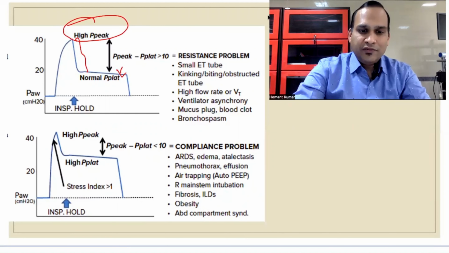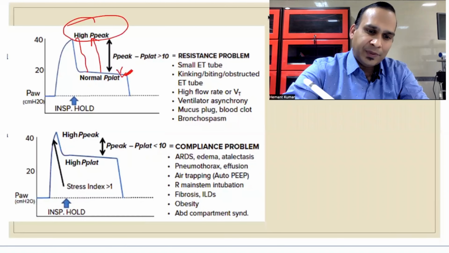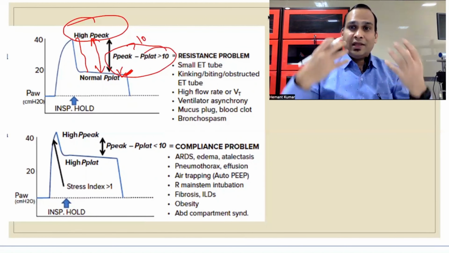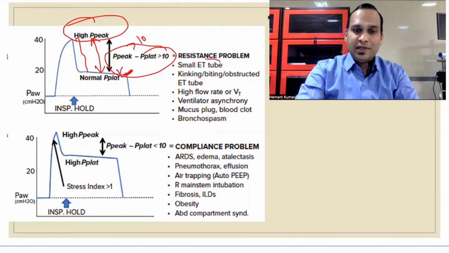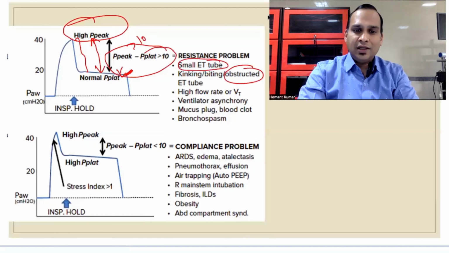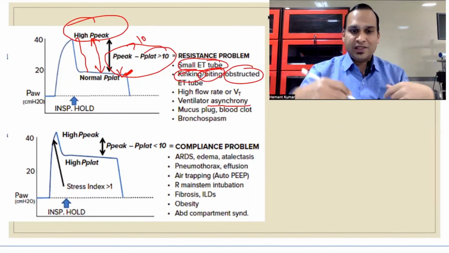We look at the peak and plateau pressure, and if the gap, the airway pressure component, is more than 10, it means there is a problem in the airway. So what could be the problem in the airway? It may be a small endotracheal tube, or obstruction by a mucus plug or anything else, kinking, biting, or ventilator asynchrony. In that case also peak pressure will increase because of airway resistance.